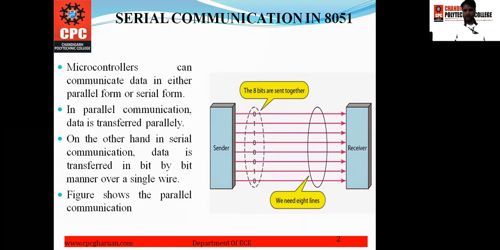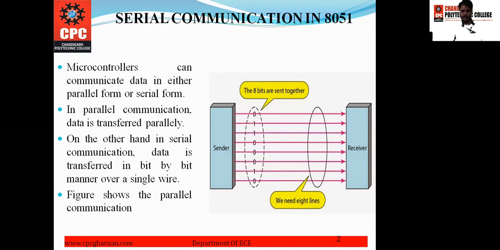image, the data from the sender is going towards the receiver end, and this transmission is the parallel communication, because in parallel communication we use a single medium or wire for each bit that has to be transmitted from the sender to the receiver.